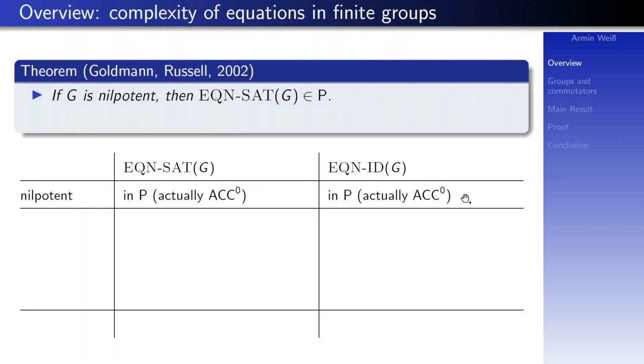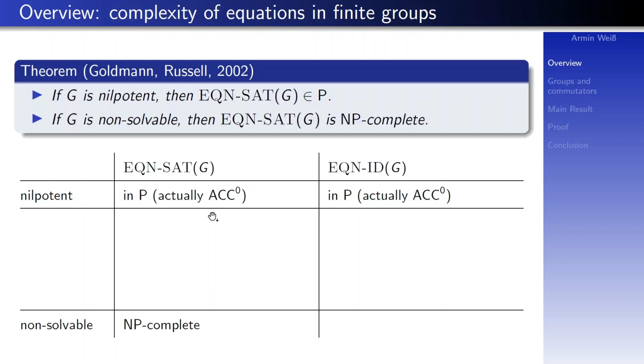If one looks carefully in their proof, one sees that this can actually be done in the small circuit class ACC0, so constant depth with modular gates. Goldmann and Russell also showed that if G is non-solvable, then the equation satisfiability problem is NP-complete. So here it's a nice characterization: here it's very easy, and here it's difficult.